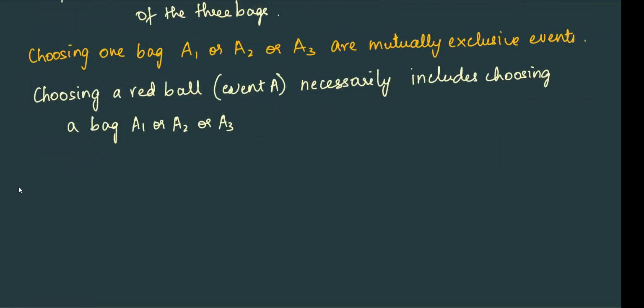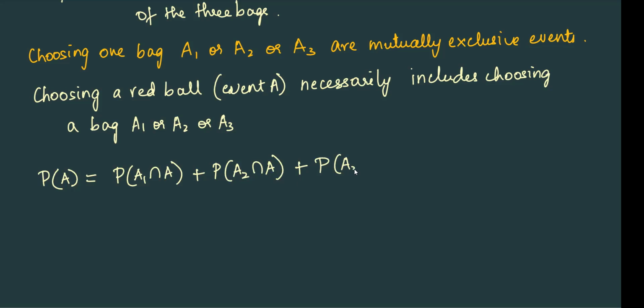So therefore we say P of A, choosing a red ball, is the probability of choosing the bag A1 and a red ball from bag A1, plus the probability of choosing bag A2 and a red ball from bag A2, plus the probability of choosing bag A3 and a red ball from bag A3.